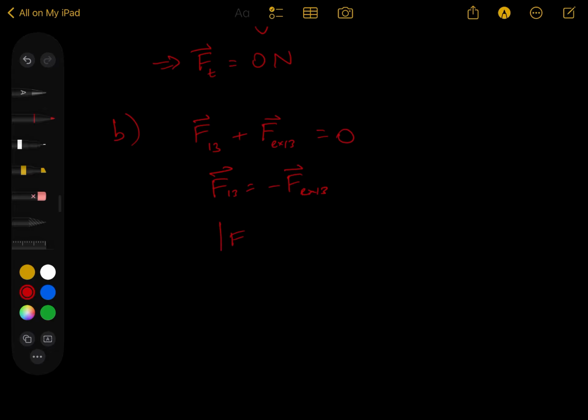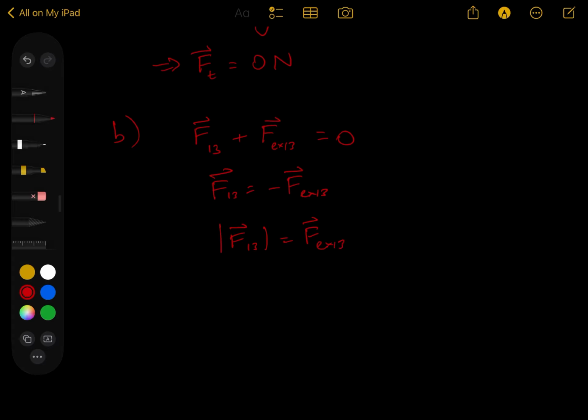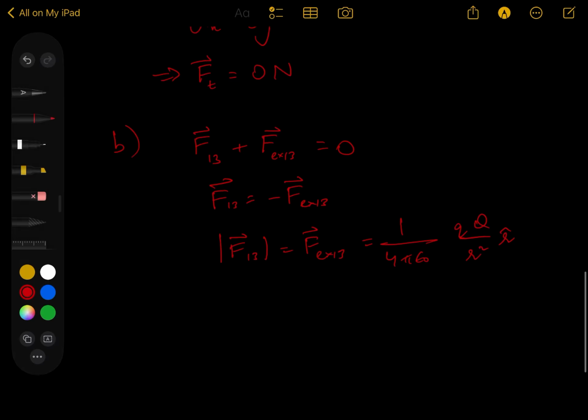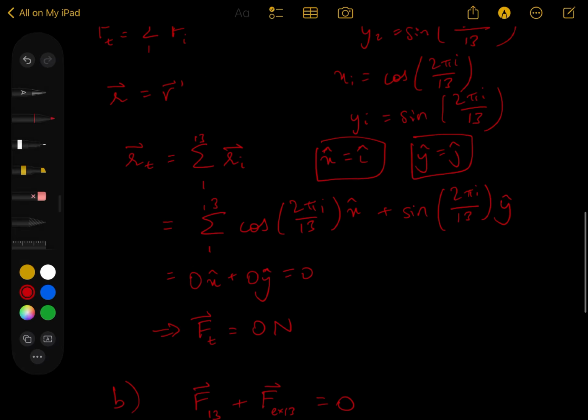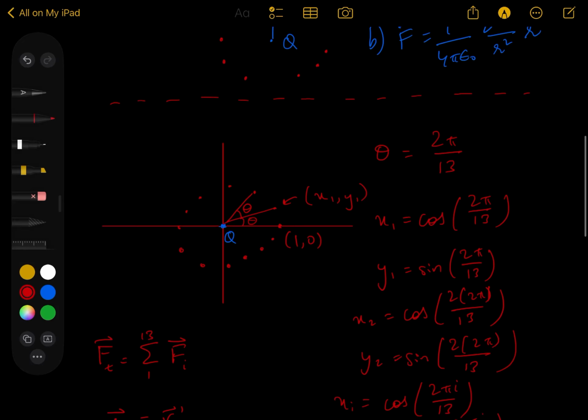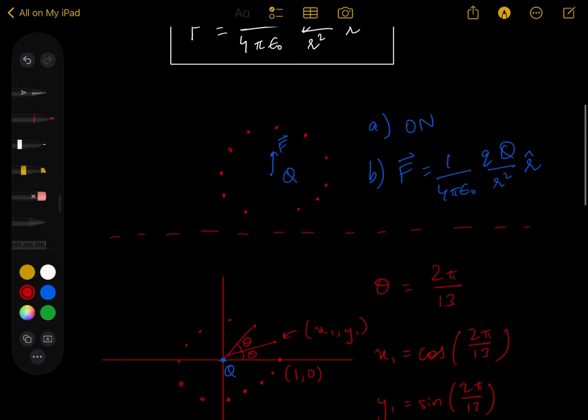So again, the magnitude of this is just going to be equal to this, and actually that's just going to come out to 1 by 4 pi epsilon naught times q by r squared r hat, where r hat is of course the direction of that 13th charge, whichever one we want it to be. It doesn't really matter because we can move any charge.